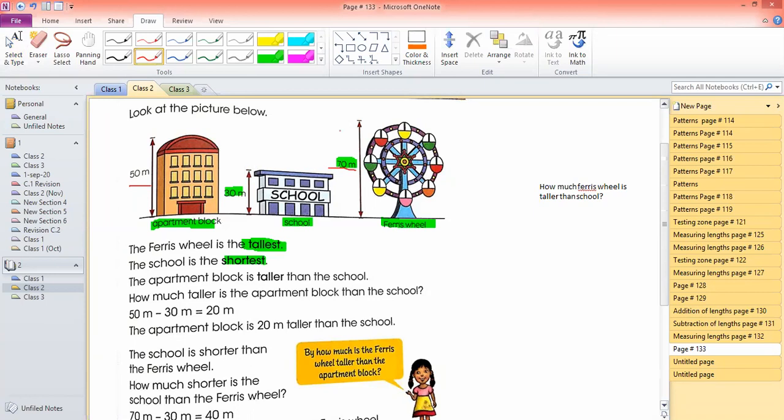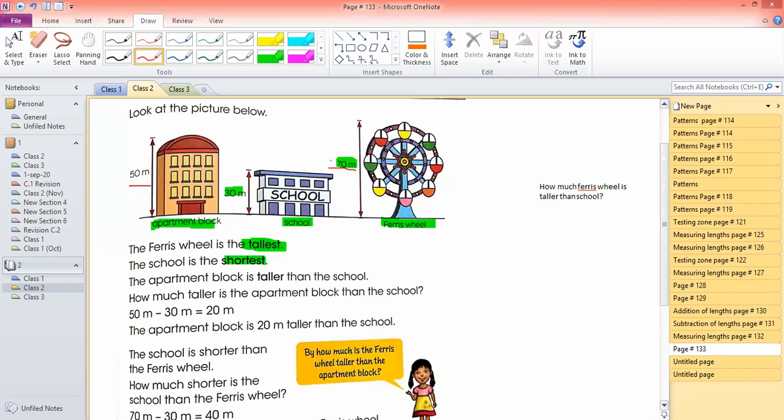The Ferris wheel is taller. It is 70, a bigger number. It is 30, a smaller number. Am I right? Yes. So the Ferris wheel is taller than the school.